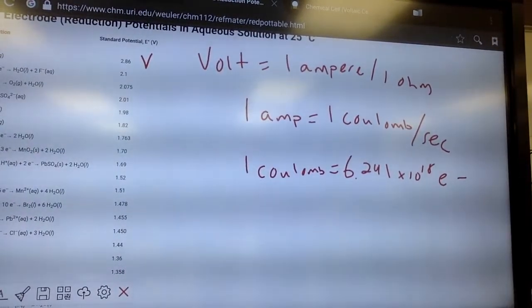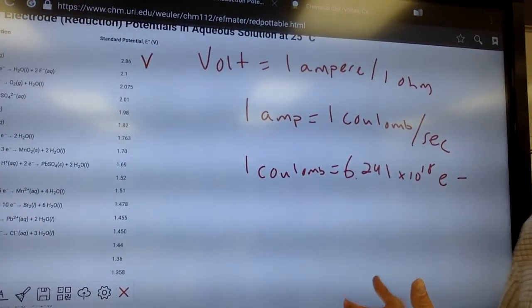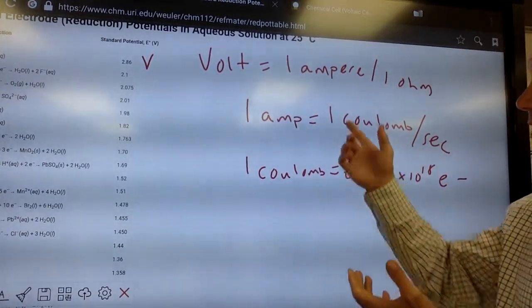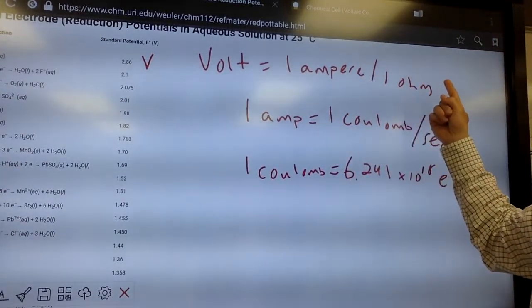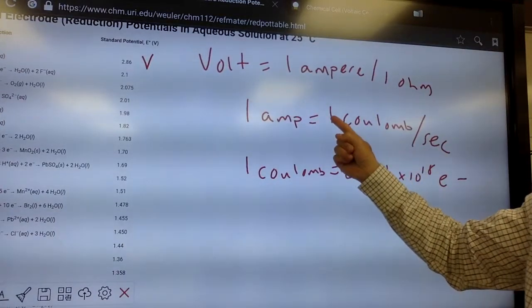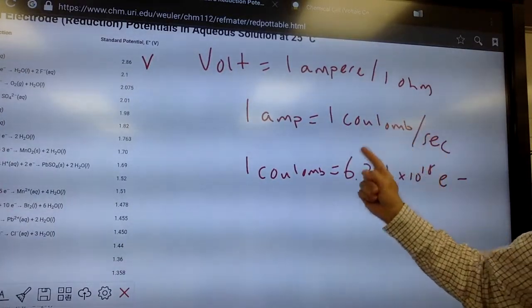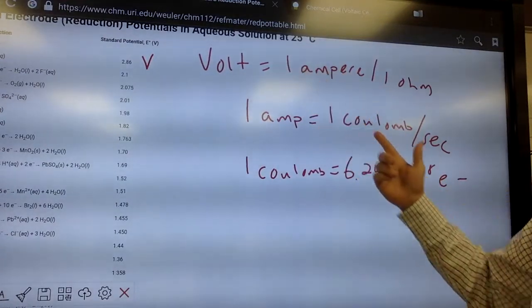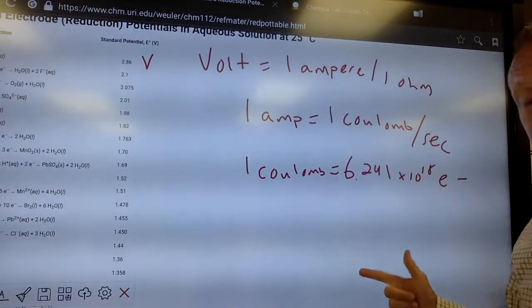So when you start seeing voltage, more voltage means more electrons. A volt is 1 amp per 1 ohm of resistance. An amp is a coulomb of charge per second. A coulomb is this many electrons. So we can kind of consider that a volt is producing this many electrons.